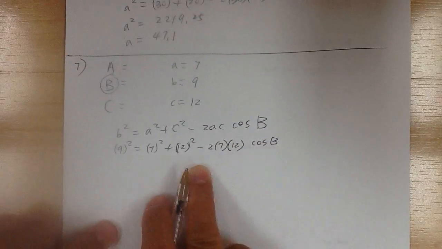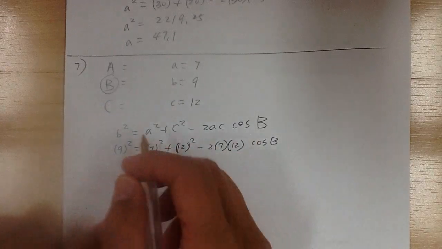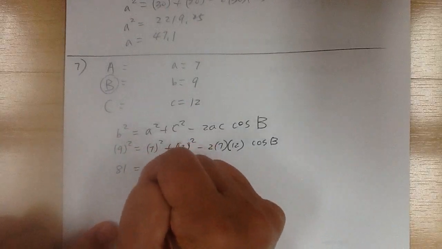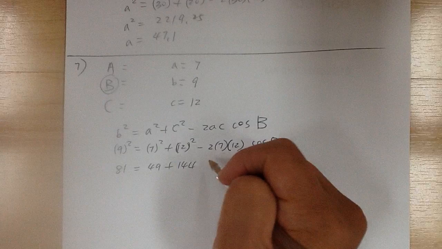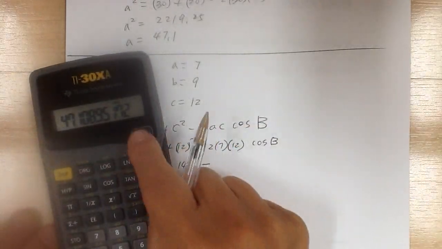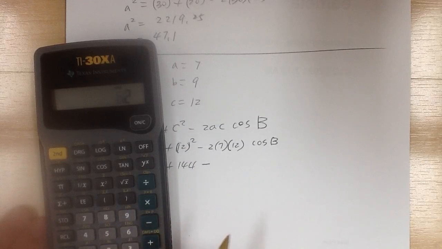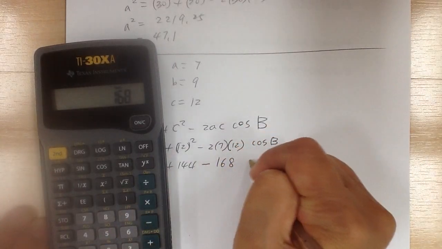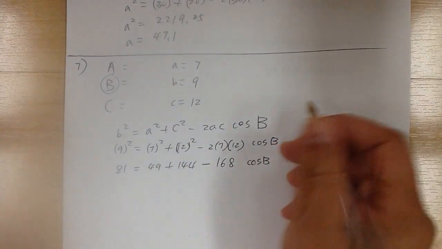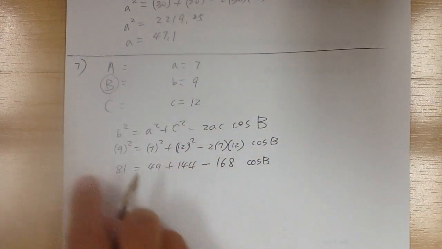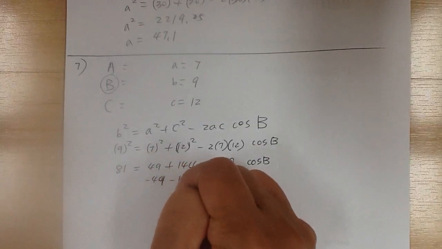A lot of people make mistakes. So let's work this part out. You get 81 equals 49 plus 144 minus, so 2 times 7 times 12 equals 168 cosine of B. Then you have to get rid of the stuff, so minus 49 and minus 144.